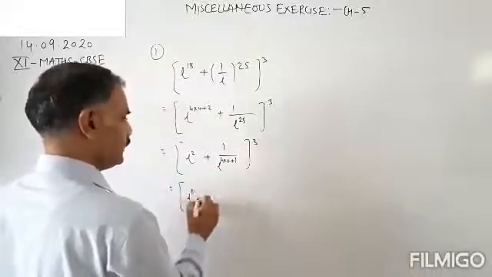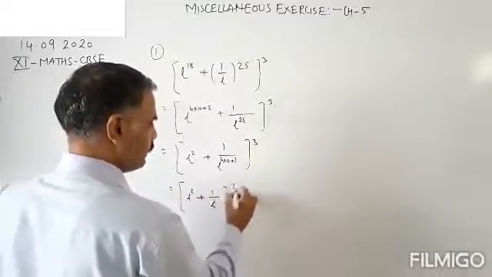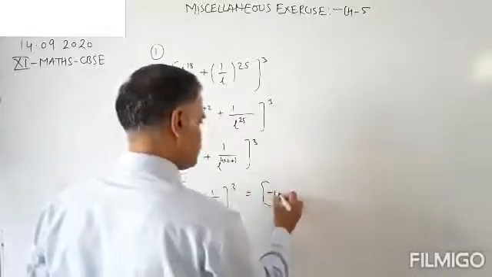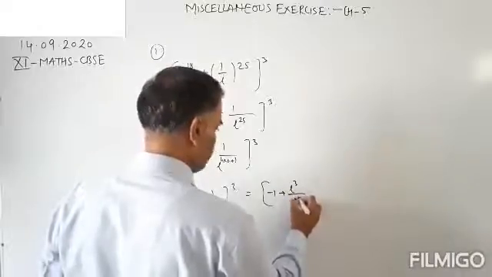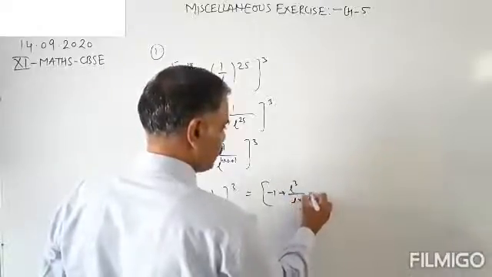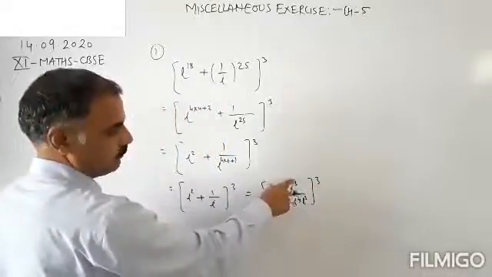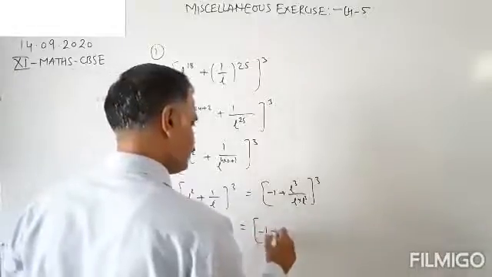So this is equals to iota square plus 1 upon iota to the power 1, which is iota. Iota square is minus 1, plus, multiplying iota to the power 3 in numerator and denominator both, iota to the power 3 upon iota to the power 4.